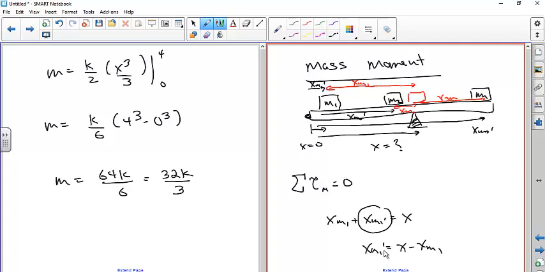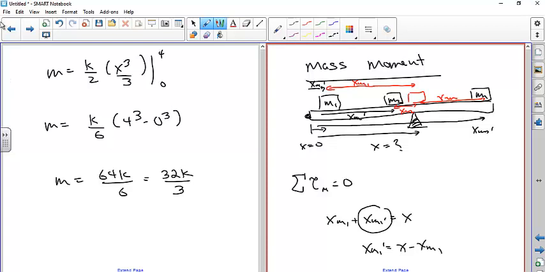So I'd use this equation to calculate the torque due to this mass. And I could do the same thing for the others, and I could write all this in terms of this unknown variable x, and then I could solve for it. And that would give me the center of mass. So that's the general concept here.